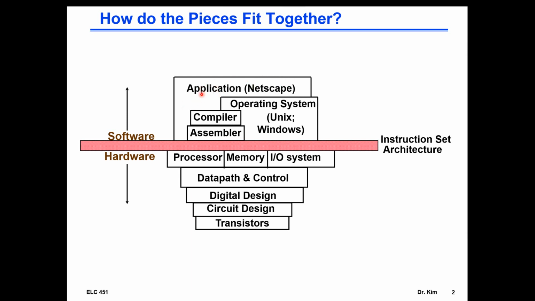It could be a browser, it could be Word, it could be Excel. But this is that contract with the user. This is what the processor does, how it handles I/O, interrupts, and memory. And as long as this doesn't change, the user has a consistent view.